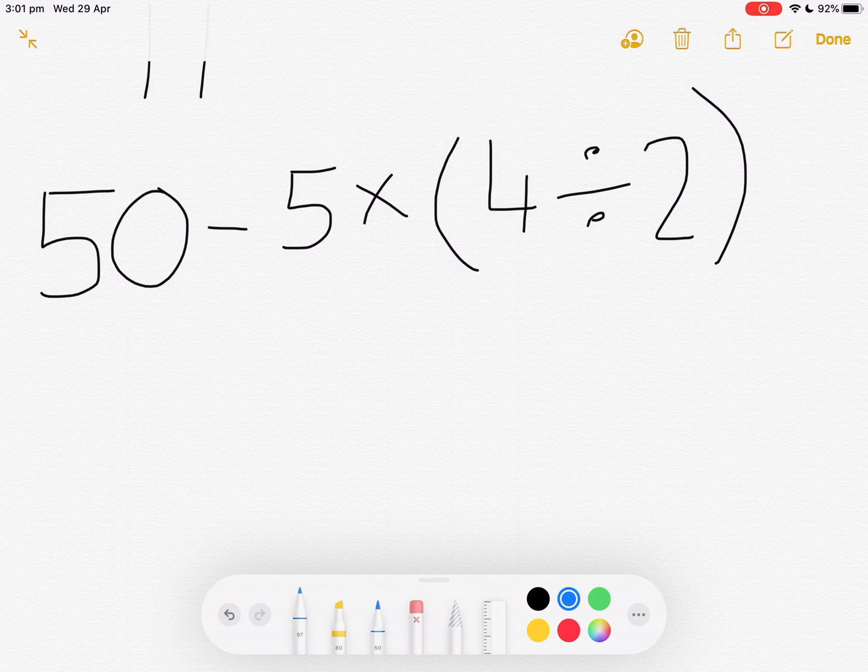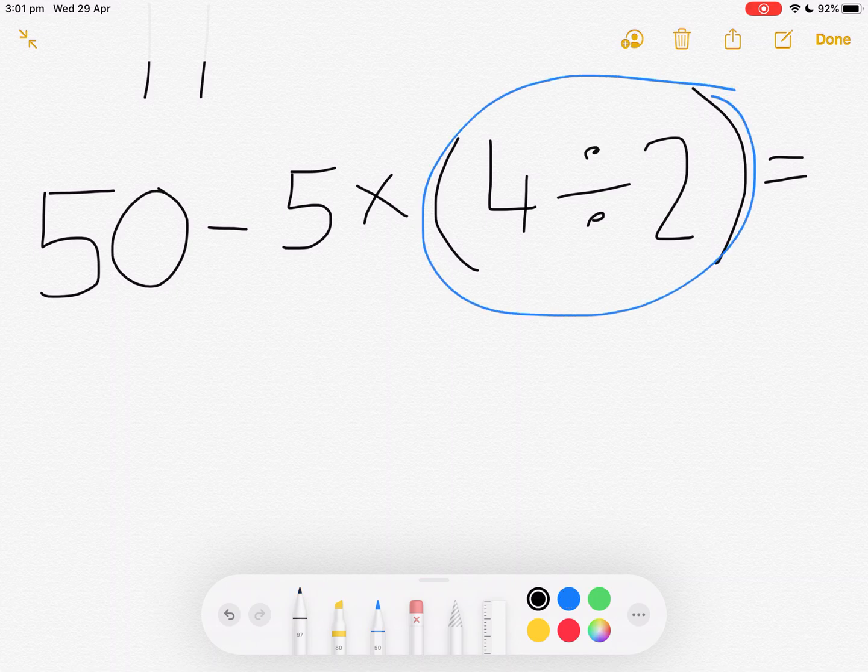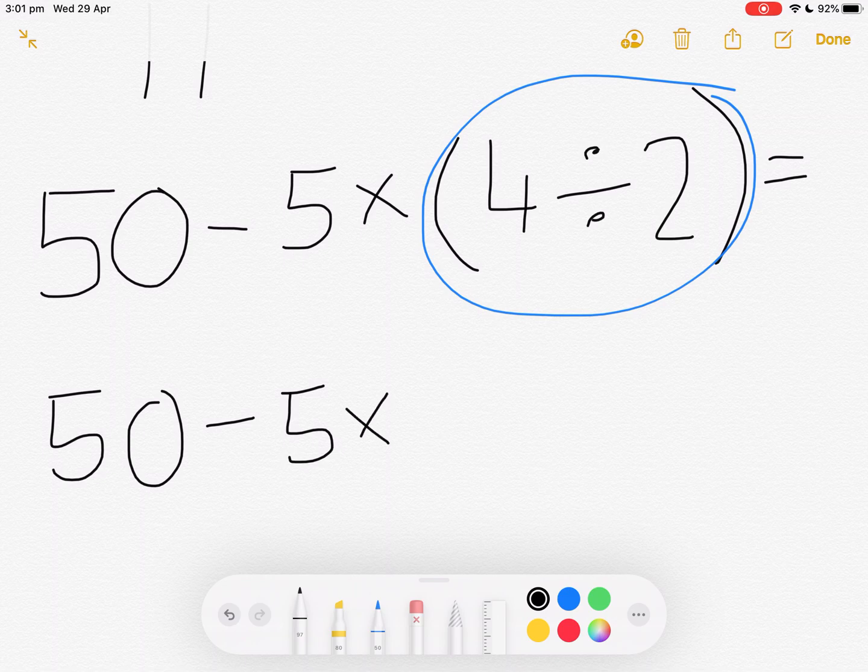Okay. First step is brackets. So my 4 divided by 2. My subtraction and multiplication part are going to stay the same for now. 4 divided by 2 is 2. So I've solved the part from inside my brackets.